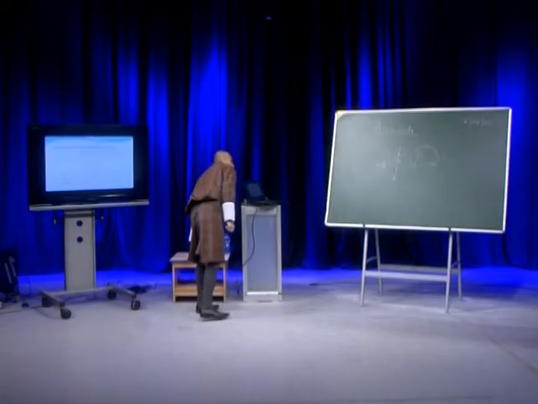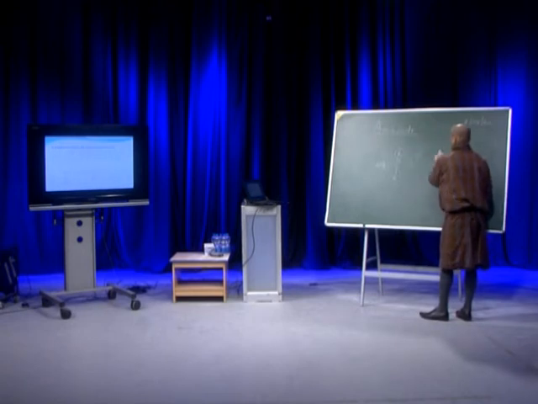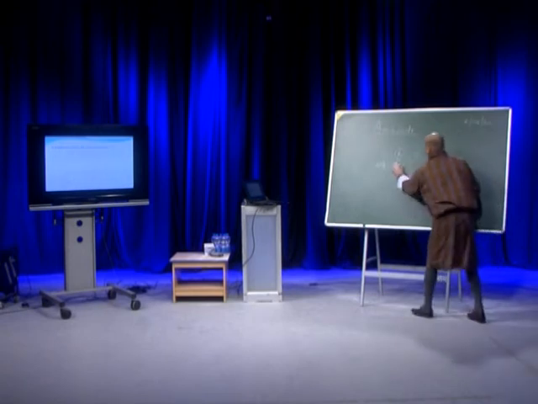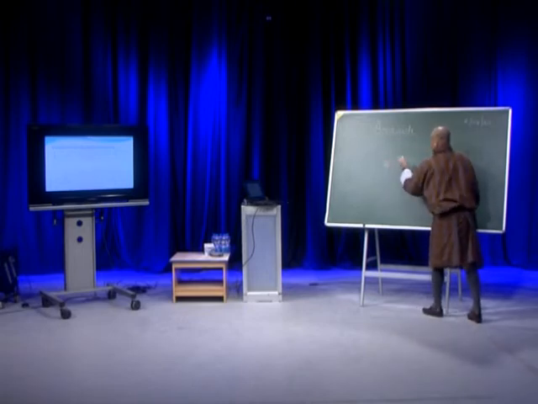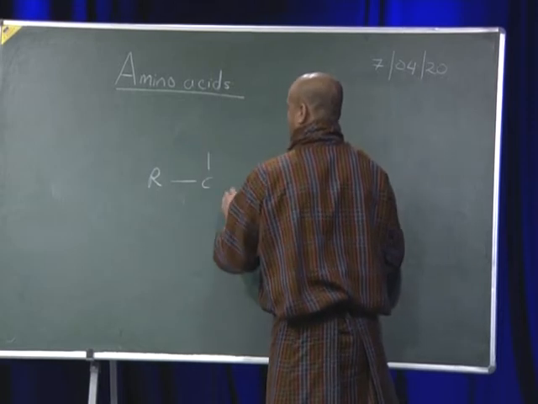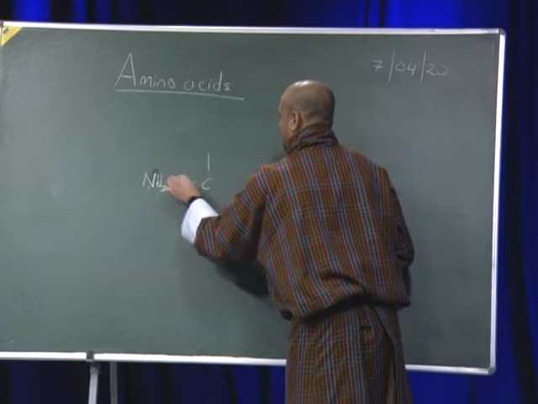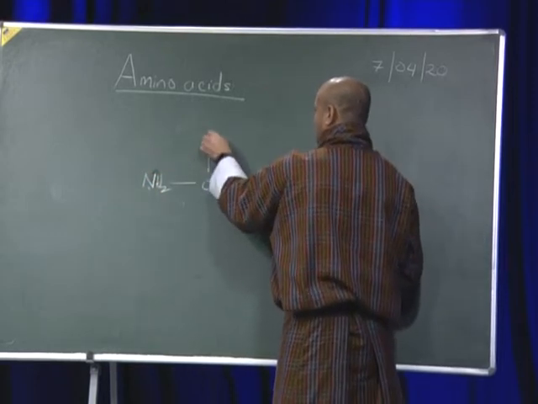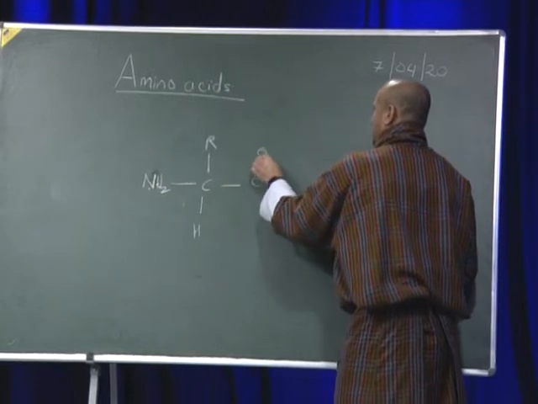Let me explain with the help of this structure. Let me draw from the beginning a good diagram. R, so this is the alkyl group, this is the alpha carbon. I'll draw the amino site here, NH2 amino group. So we have R alkyl group here, we have hydrogen, and then we have C double bond O, OH.